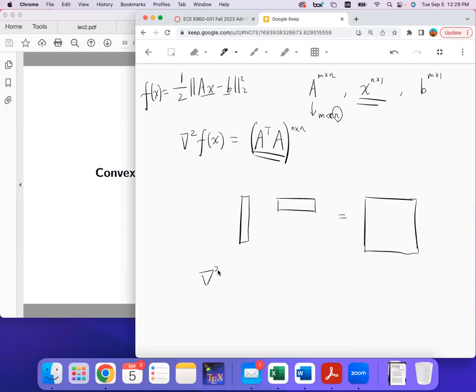So we can only say this matrix is positive semi-definite, but the minimum singular value might be 0 in this case. So it is not strongly convex. For this least square problem, it does not fall into the strongly convex class.